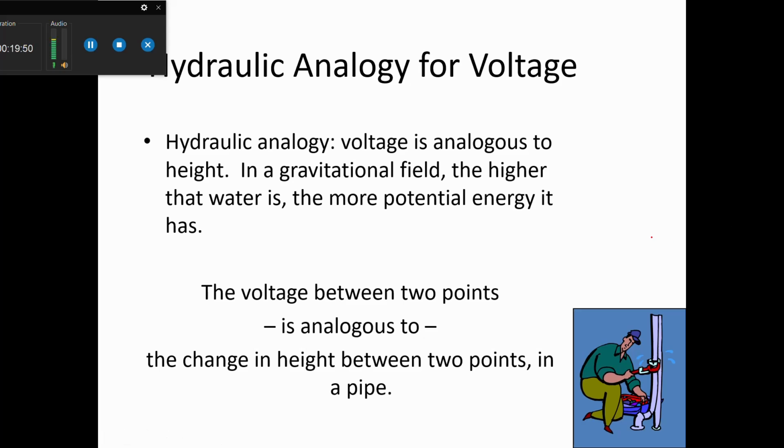The voltage is a very important parameter, and we can take an analogy with respect to a pipe. The voltage between 2 points is analogous to the change in height between 2 points in a pipe. Taking the hydraulic analogy, voltage is analogous to height in a gravitational field. The higher the water is, the more potential energy it has.